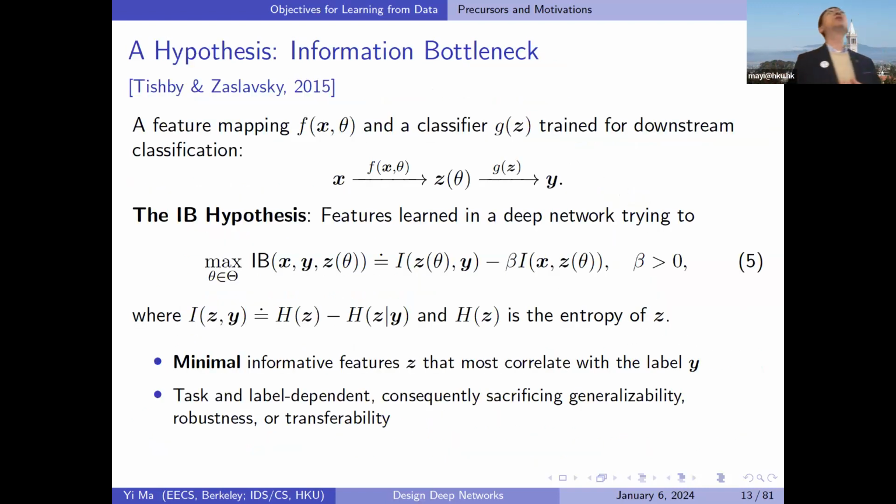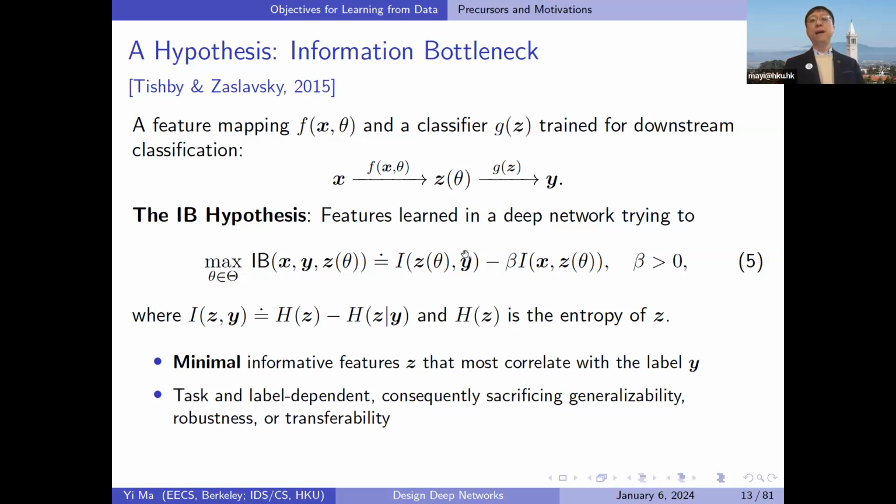So of course, there's an effort to try to understand this. Say, maybe for classification, the deep network is trying, from the information theoretical point of view, a framework quite popular at the time, saying maybe if I want to learn a classifier from my image X to predict its class label Y, the deep network is trying to extract a feature Z that contains most of the information of X related to this label Y, and throw away other, irrelevant stuff.